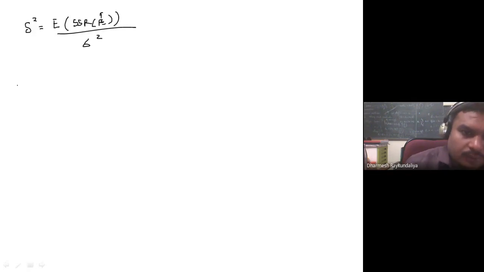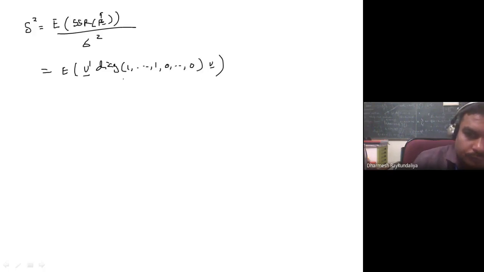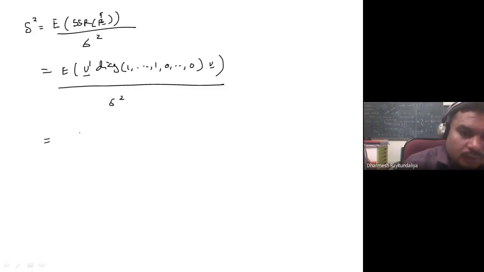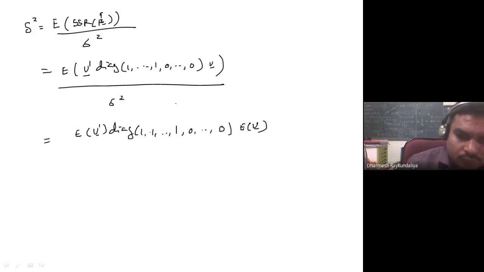The expectation of SSR beta cap is nothing but the expectation of U transpose diagonal of 1 1 1 0 0 0 U upon sigma square, which is actually U transpose diagonal 1 1 1 1 0 0 0 with the expectation of U, upon sigma square.